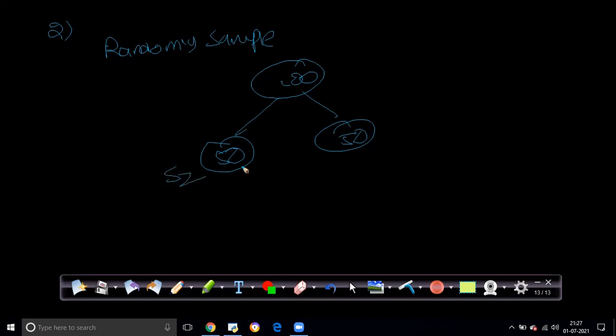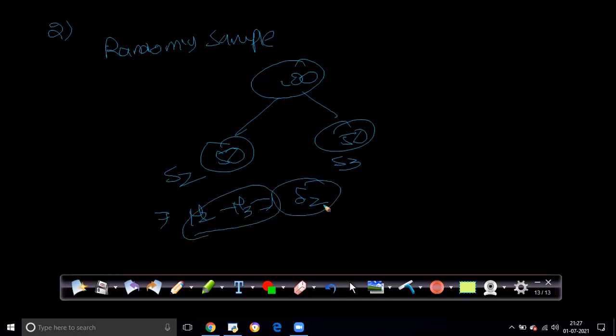Let's say S2 or S3, and find the difference between the means of S2 and S3. Let's consider this difference as delta 2. So you repeat this experiment, let's say, 100 times. So you will get 100 delta values.